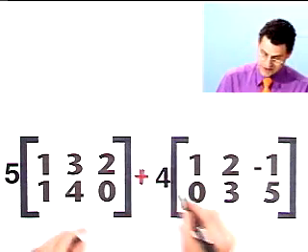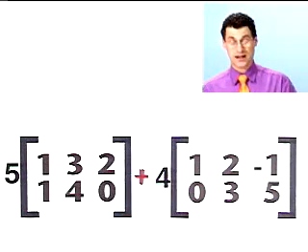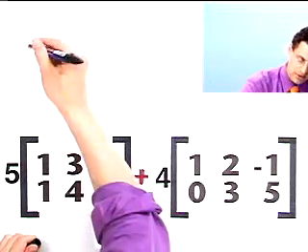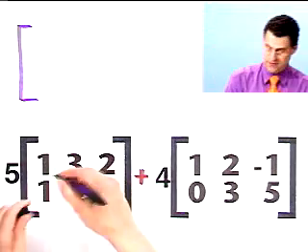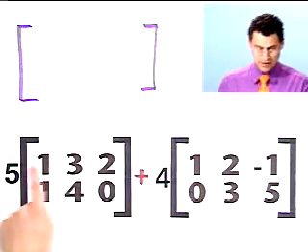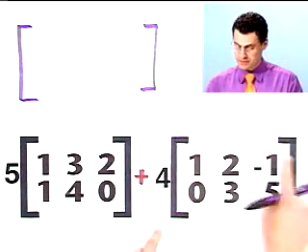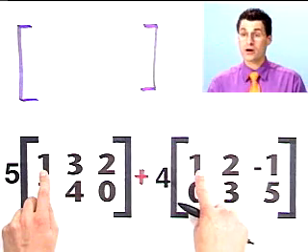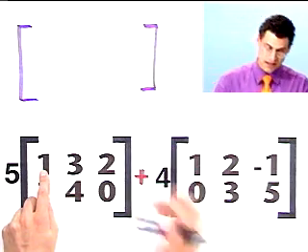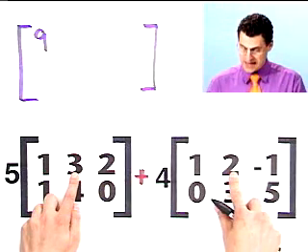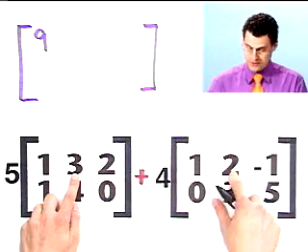Now I'm asking for matrix addition and scalar multiplication at the same time. Ooh, this is getting tricky now. Well, we can only add matrices that are the same shape, but these are the same shape, so we're okay there. And everything has to be multiplied by 5, and then I add it to what we get when we multiply this by 4. So in this place, I'd have a 5 and a 4, and when I combine them, I see a 9. Here I see a 15 and 8, and so that would be a 23.